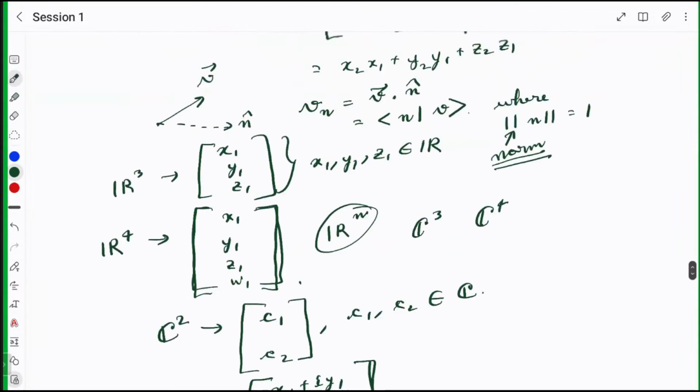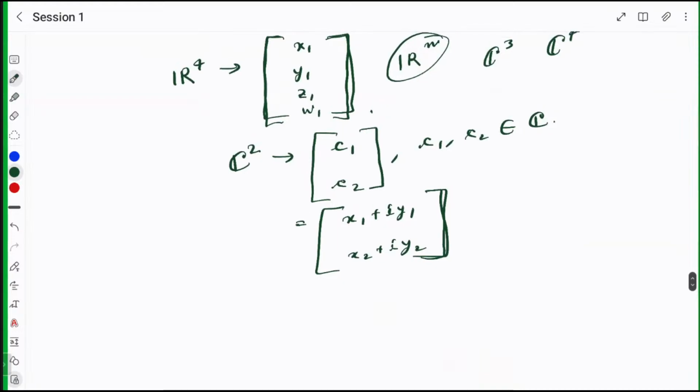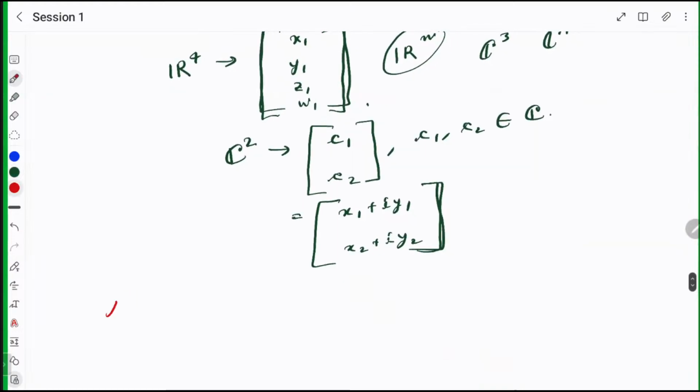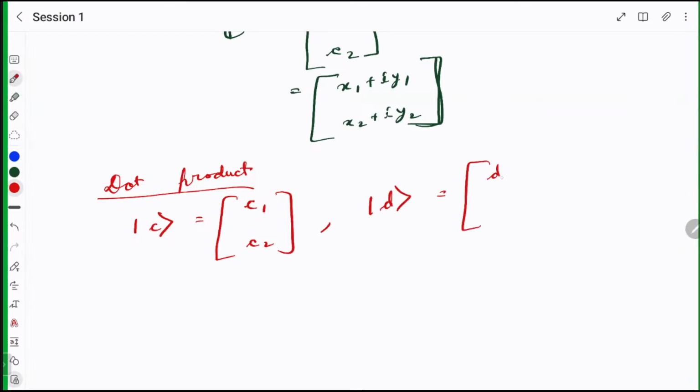Now, what about the dot product? Let's look at the dot product. How would the dot product look like in this space? So let's say we have two vectors, C1, C2, and D1, D2.